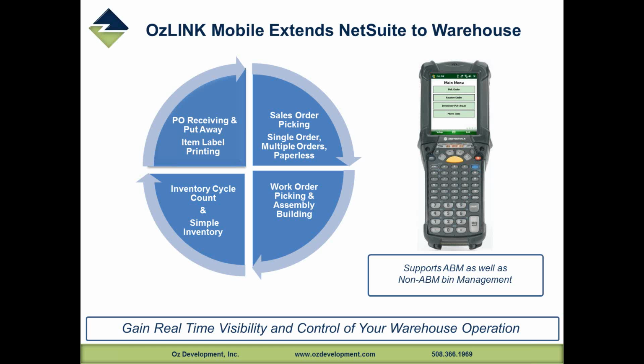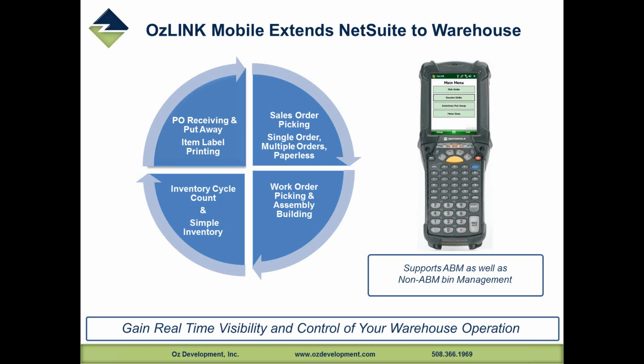If we look at the diagram here, it's really following traditional NetSuite transactions, using a mobile scanner device like you'll see here on the right to be able to do things like receive a purchase order. And as part of receiving a purchase order, one of the most common questions we get is, what if I need a label? Well, we can generate a label during the purchase order receiving process. Sales order picking.